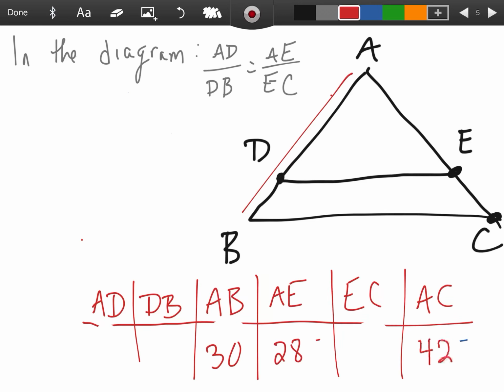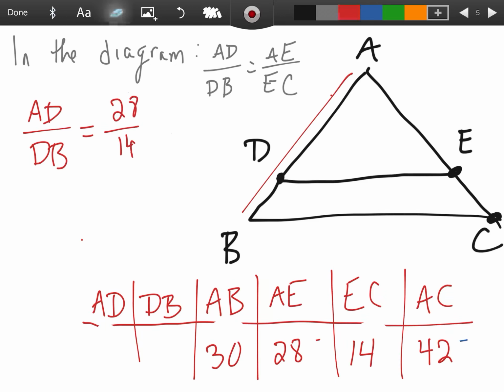If AE is 28 and AC is 42, EC must be 14. Okay, so I can't really finish up my proportion here. If I have AD over DB equals 28 over 14, that really only gets me so far.